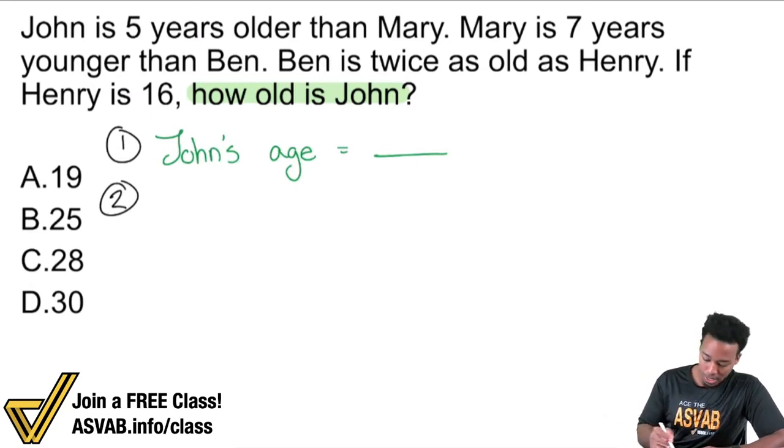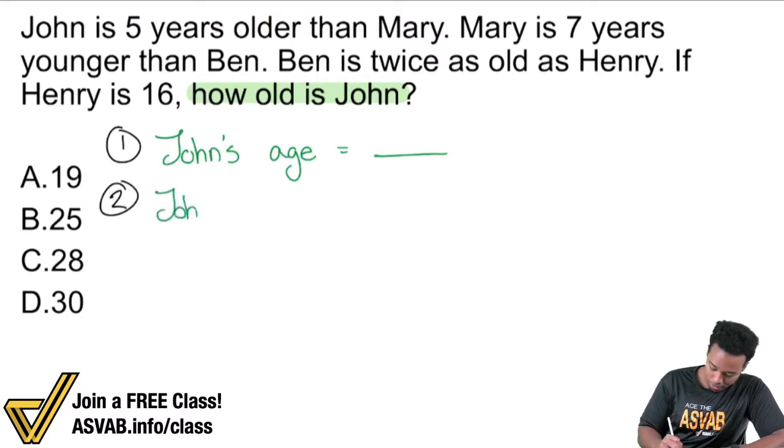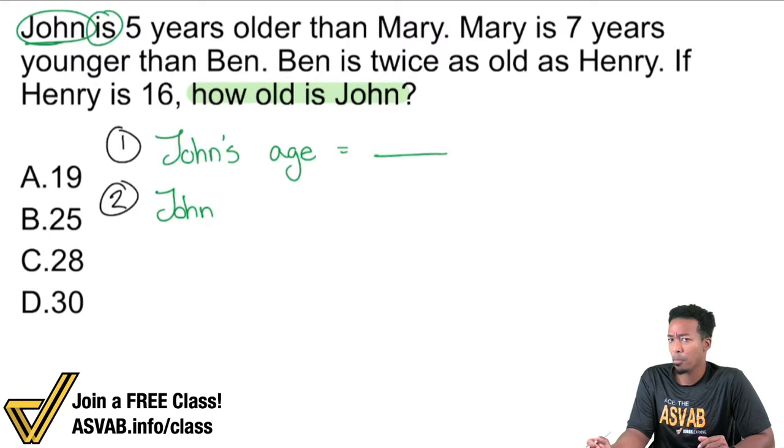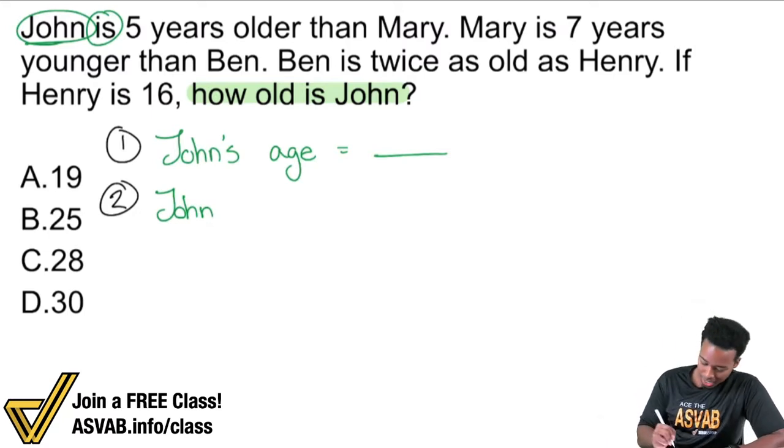I see here that it says John is 5 years older than Mary. So what I'm going to write for that is this: John is. Now what does the word is mean in math? Equals. So John equals 5 years older than Mary.